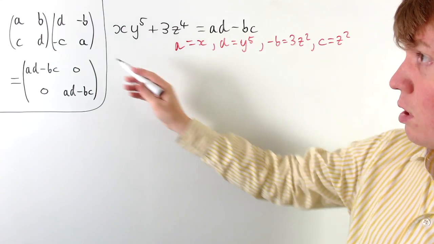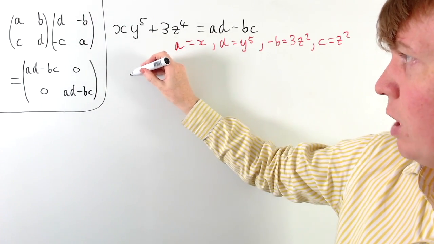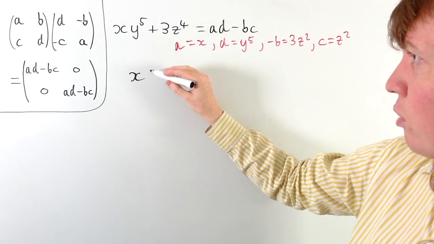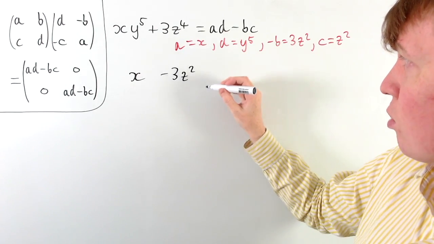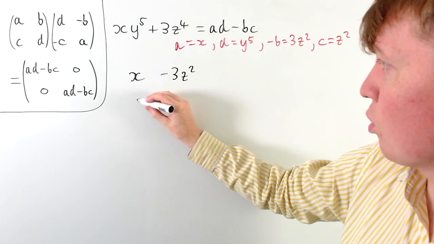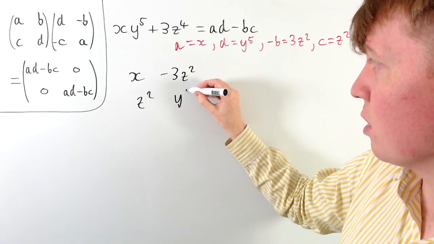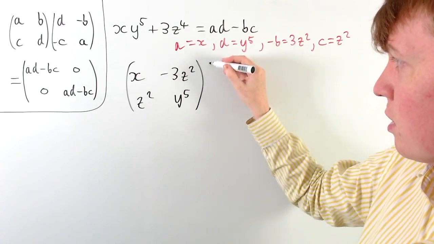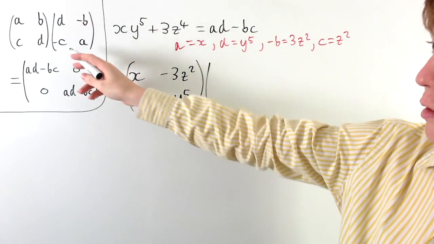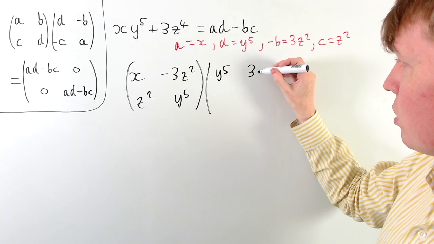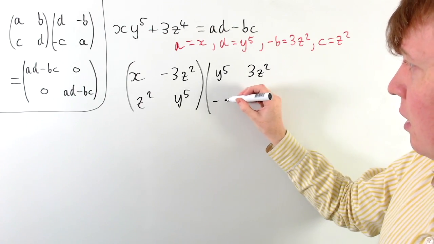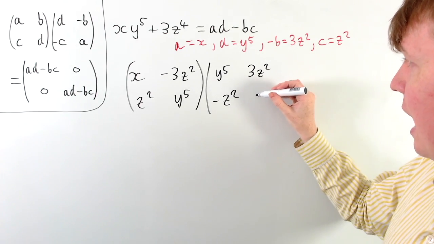So then if we use this fact about the 2 by 2 matrices, we get the matrix with x, then b is negative 3z squared, our c is z squared, and d is y to the power of 5. If we multiply this now by the d, negative b, negative c, a matrix, so we've got y to the 5, positive 3z squared, negative z squared, and x.